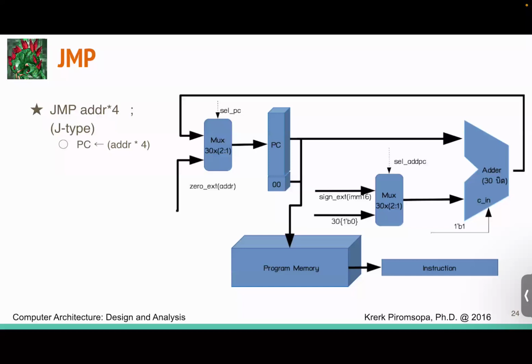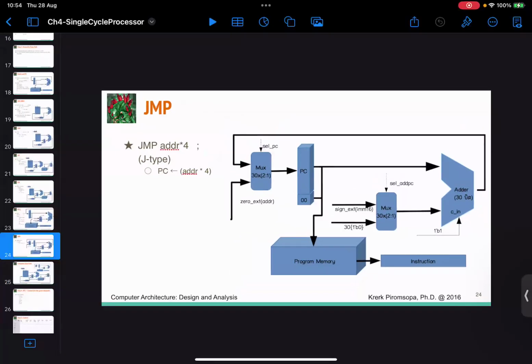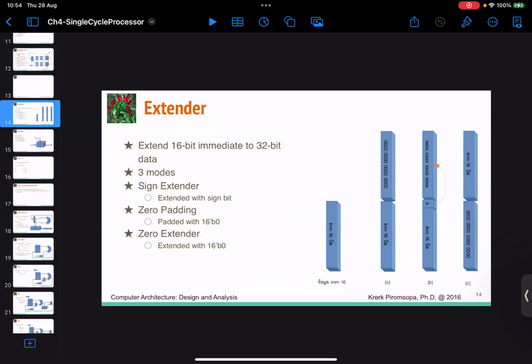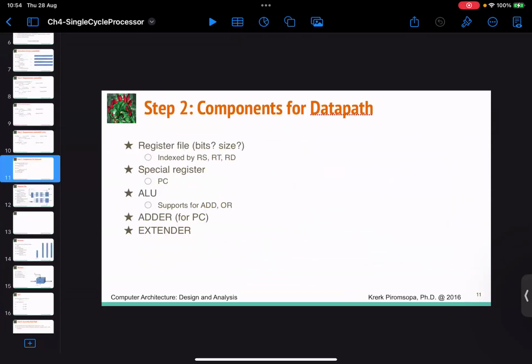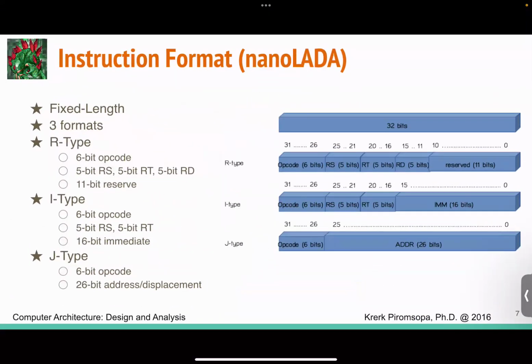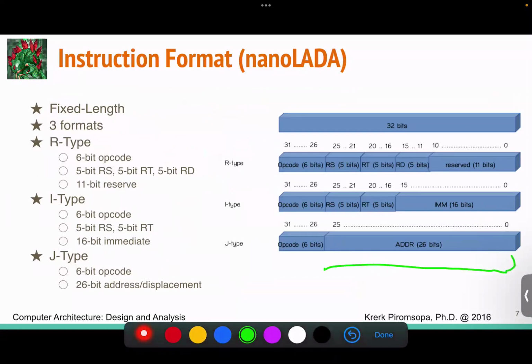Because if you take a look at the instruction format for the jump, let me move back, we got only 26 bits, but our address is 32 bits, so we have to add something or extend something in front. Yes, actually we need another extender for that. I just ignored that to simplify.